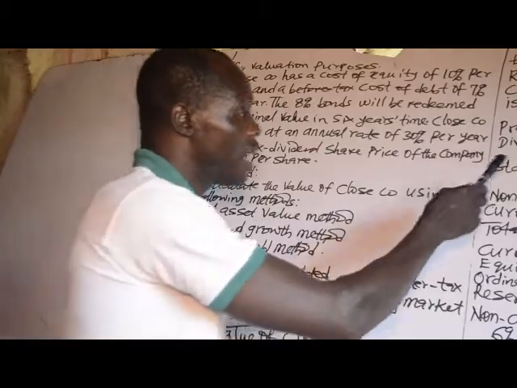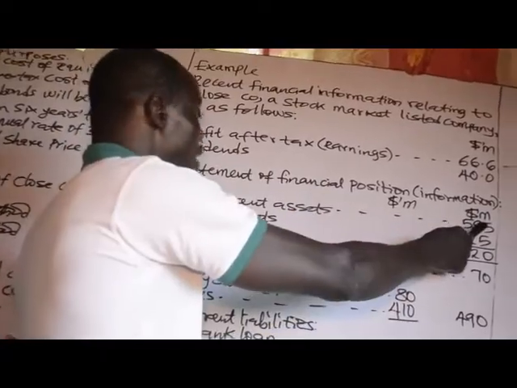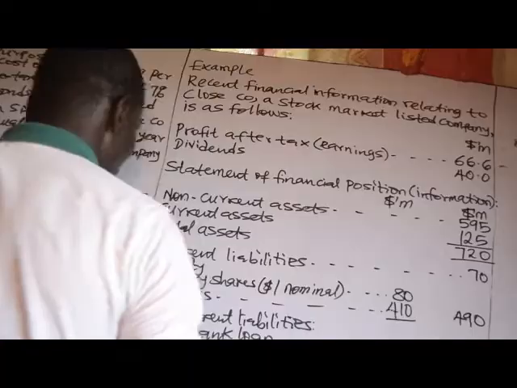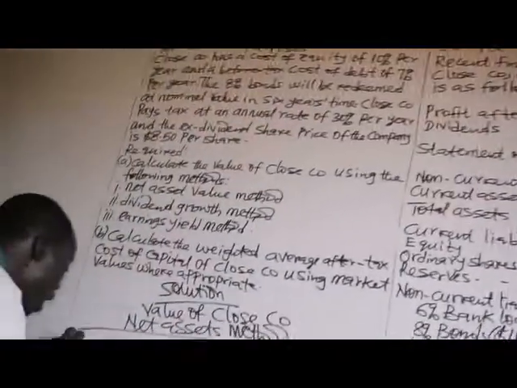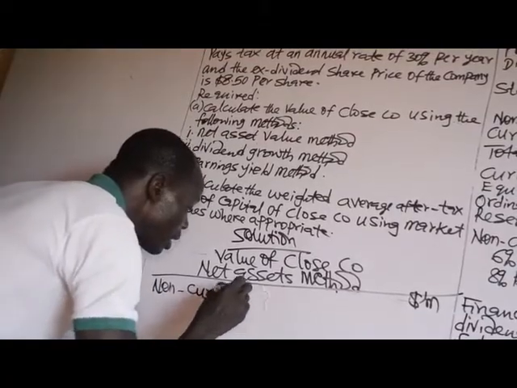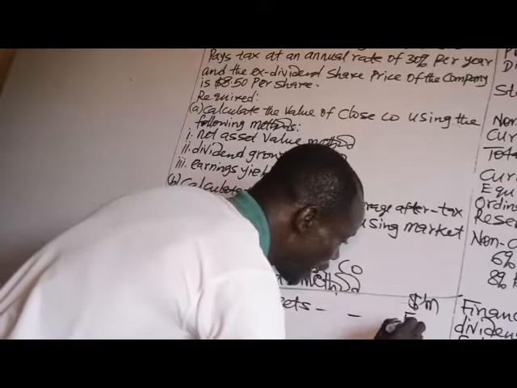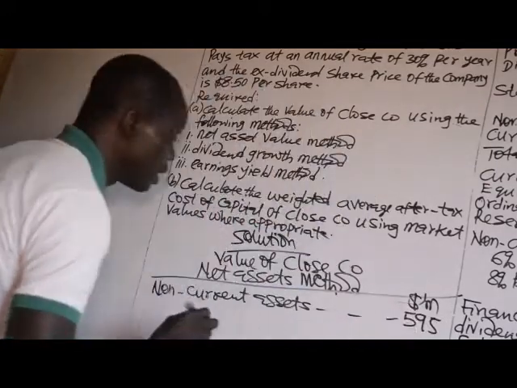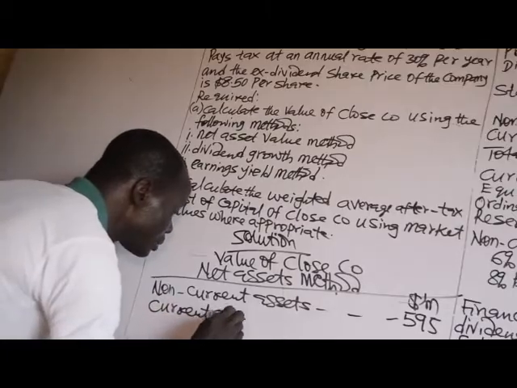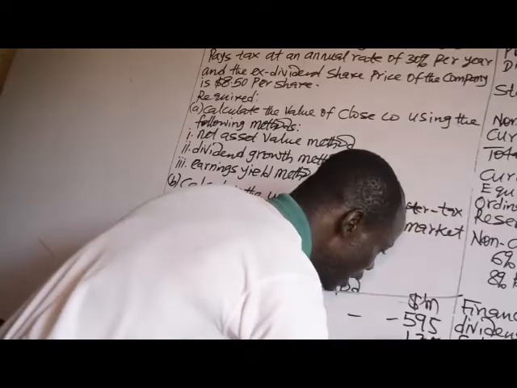The first asset we have is non-current assets, with a book value of 595, and then we also have current assets with a book value of 125.